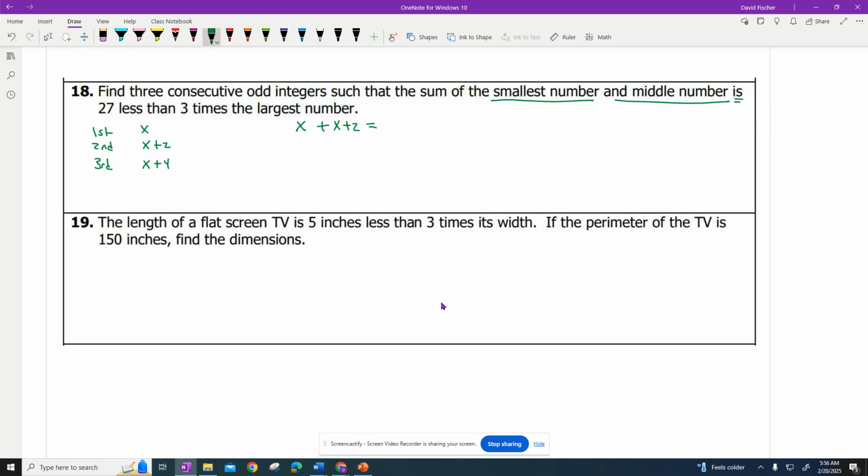Well, this is going to be my largest number, and I got to show 3 times that. And I want 27 less than that. So see, when you break it down and do all this writing over here, keeping track of things just kind of falls into place.